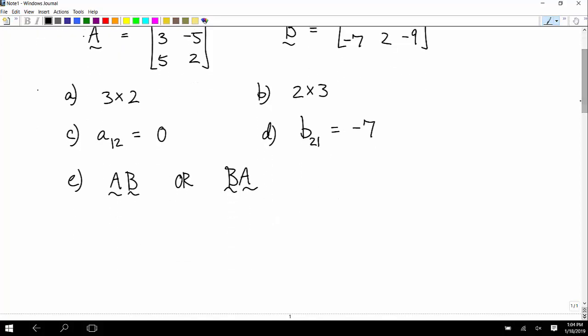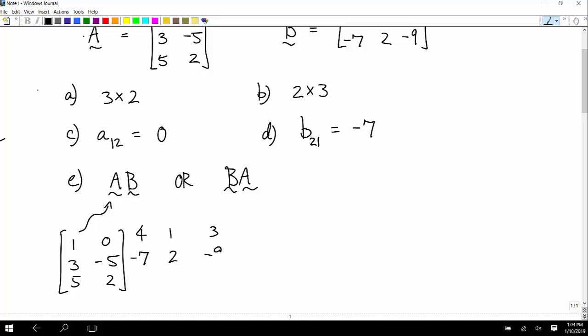But so AB would be 1, 0, 3, negative 5, 5, 2, multiplied by 4, 1, 3, negative 7, 2, negative 9.